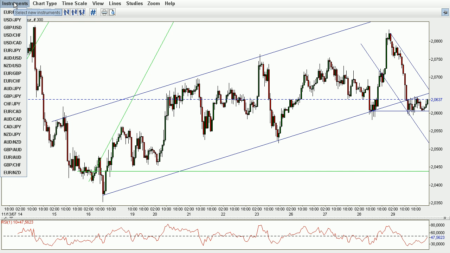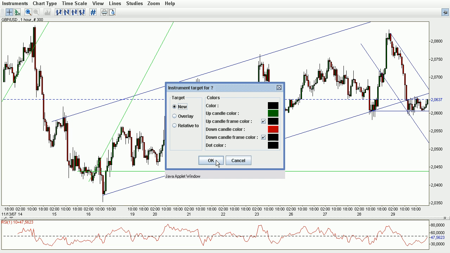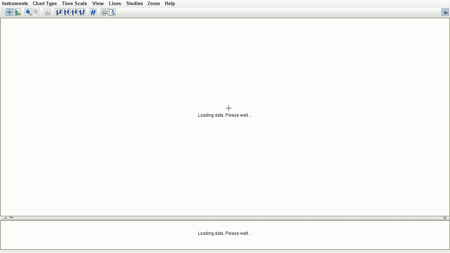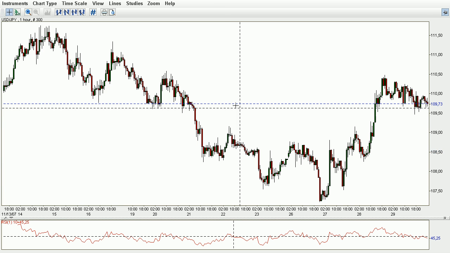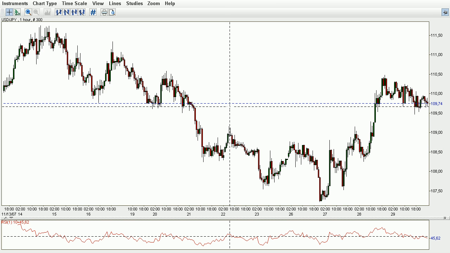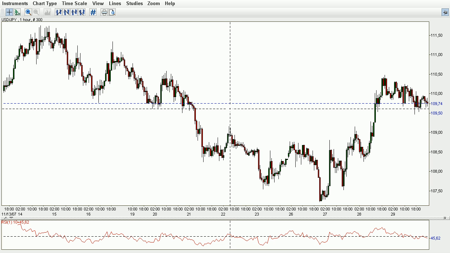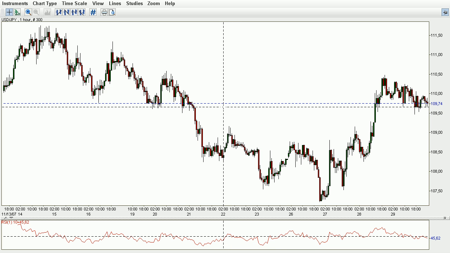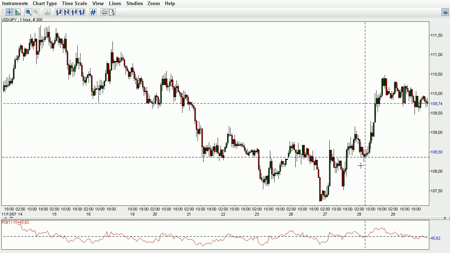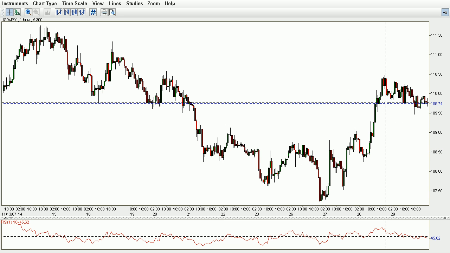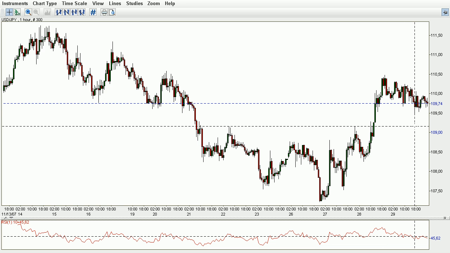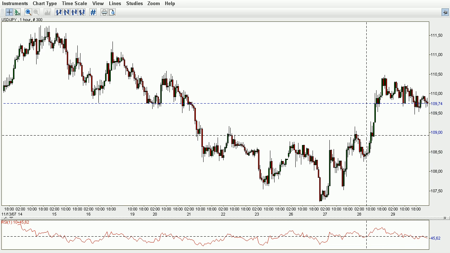So if we go to another pair, the US dollar Japanese yen, we know by definition that those two currency pairs, the British pound US dollar and the US dollar Japanese yen, are negatively correlated. What it means is that if one of those currency pairs under normal conditions turns up, then the other is going to curve down.